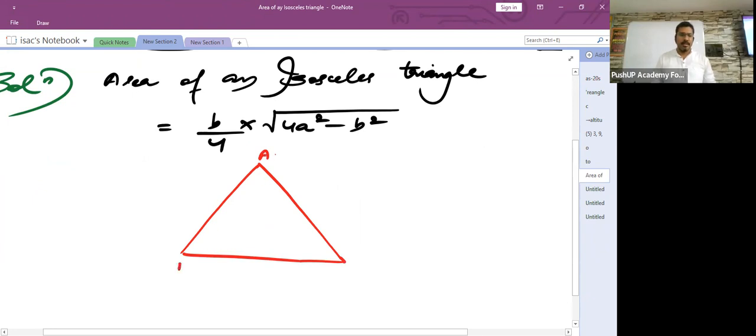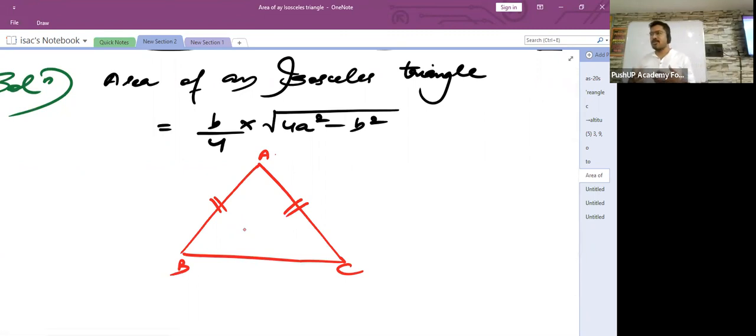Imagine, children, I have a triangle ABC where side AB and side AC are equal. A few minutes before you said an isosceles triangle is a triangle which has 2 of its sides equal, isn't it? So I have drawn a triangle ABC here showing sides AB and AC as equal sides. So this triangle becomes an isosceles triangle.